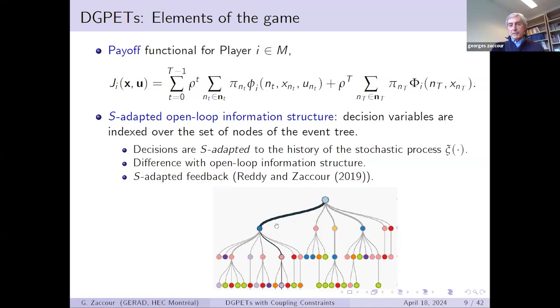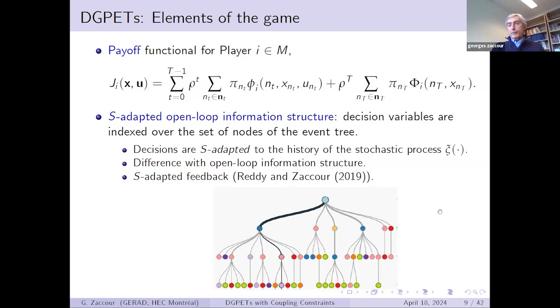For instance, if I am at this particular period, the decision that will be taken at each one of these nodes is not the same as at other nodes. So meaning that if you are looking at investment here, you may invest at this node very differently from what you will do at this one.